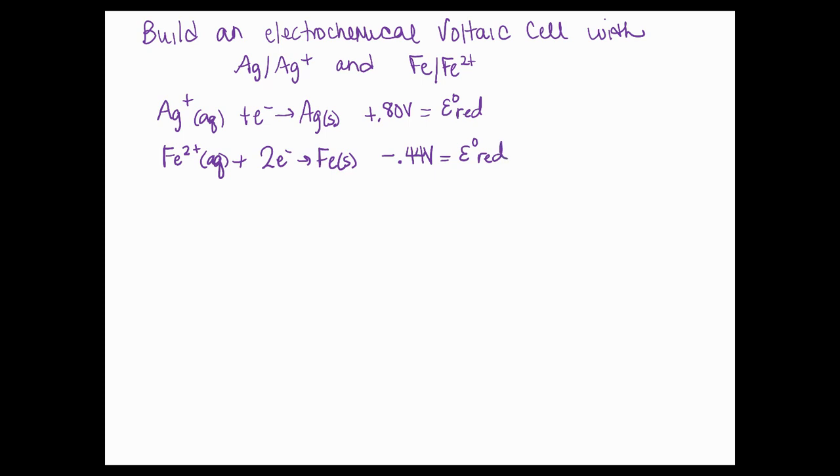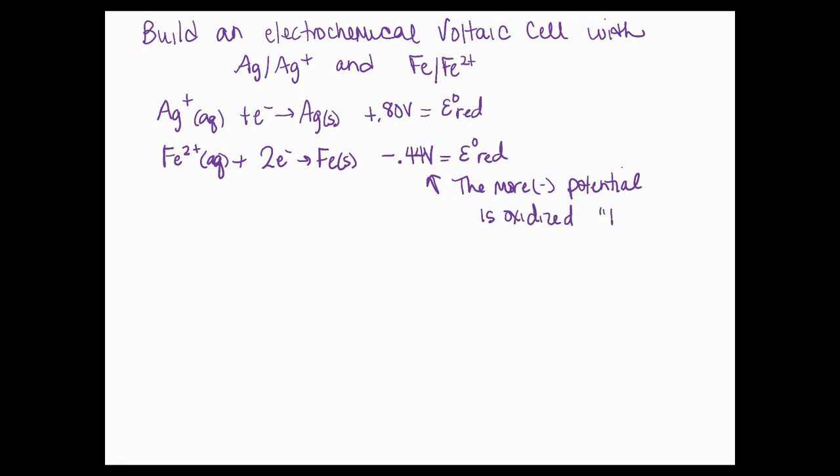Okay, for a voltaic cell, somebody has to be oxidized. So the more negative, now, it doesn't have to necessarily be a negative number. It just has to be less positive or the more negative. The more negative potential is oxidized.